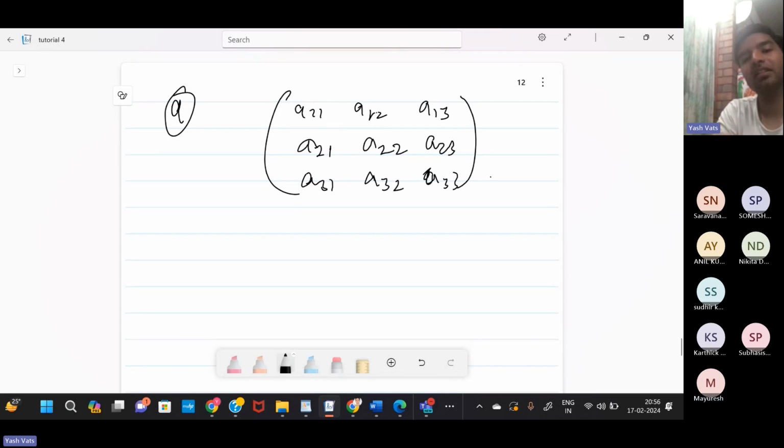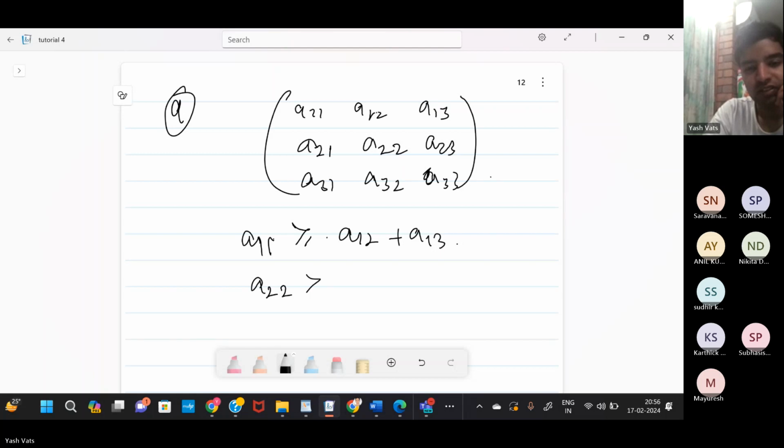So A11 should be greater than or equal to A12 plus A13, and likewise for all the rows. And what do you mean by strictly dominant matrix? That equal sign will go out.